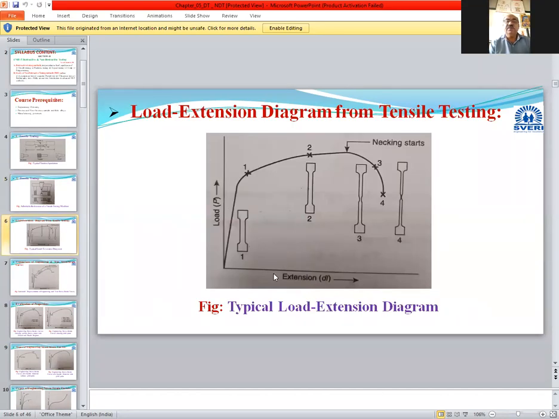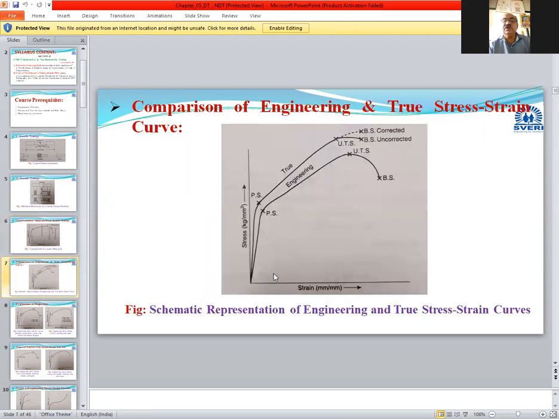After applying the load, you will see a graph like this. This is the load, and here the elongation or displacement. Initially the yield point will be there, then the next yield point, after that the neck, and after that the breaking strength.